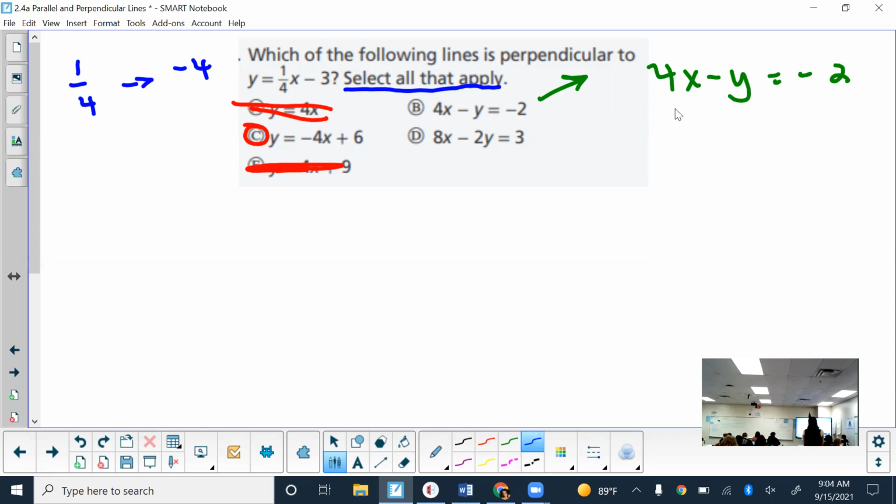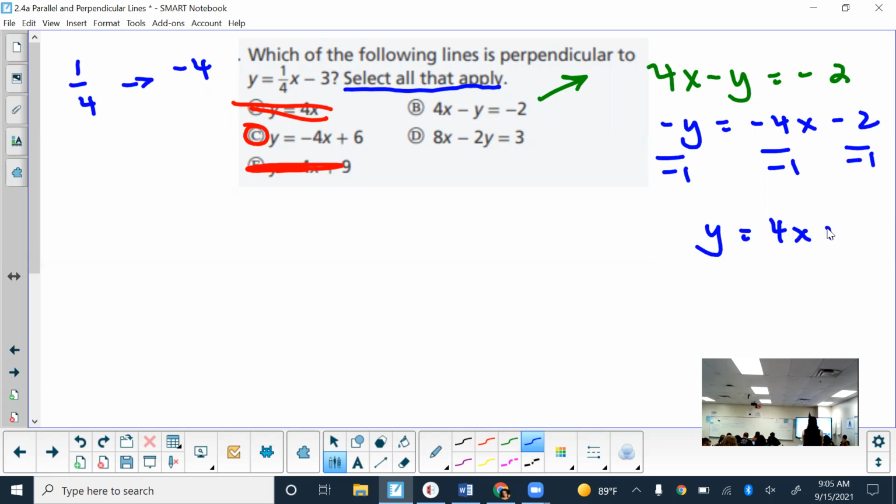So rearrange it, and I'm just gonna do it in my head real quick. If you think I'm making a mistake, let me know. But we subtract 4x from each side, divide everything by -1, and that one is a slope of 4x.